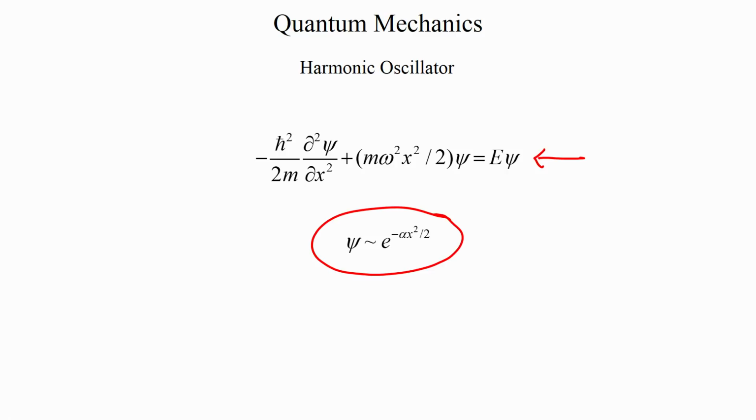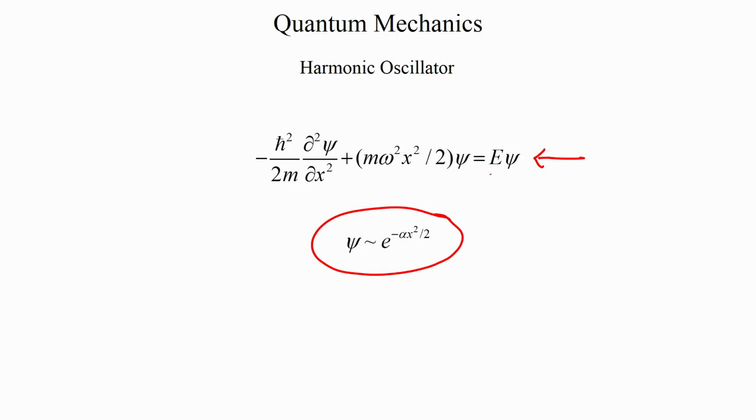Why is this going to be our guess? If you think about it, the right hand side has E, which is a constant, with no dependence on x, there is no x at all on the right hand side. But on the left hand side, you have a dependence on x here, and you have a dependence on x in this term.